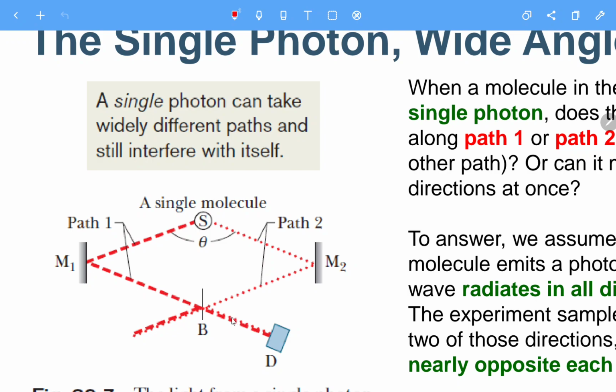It has interference here, which means that maybe 50% of the molecule goes in this path and 50% goes in this path. Actually, this single molecule goes in the two paths simultaneously and then interferes with itself. And then an interference pattern is detected here.